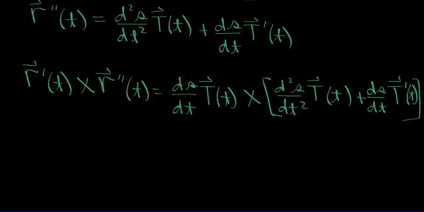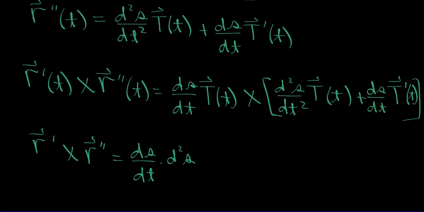Now I'm going to use a couple of properties of cross product here. I'm just going to combine them and rewrite this way. So I've got r prime cross r double prime. Let me just do some shortcuts here. I'm going to say ds dt times the second derivative times the cross product of the t's, right?